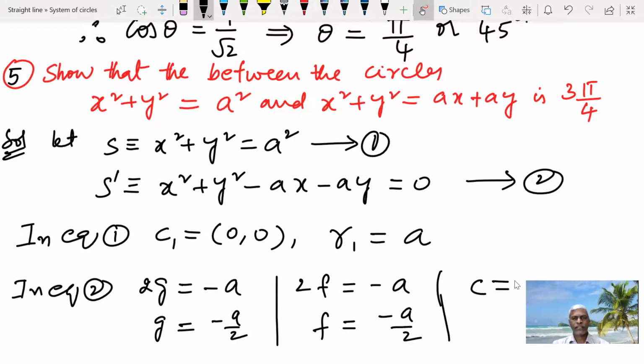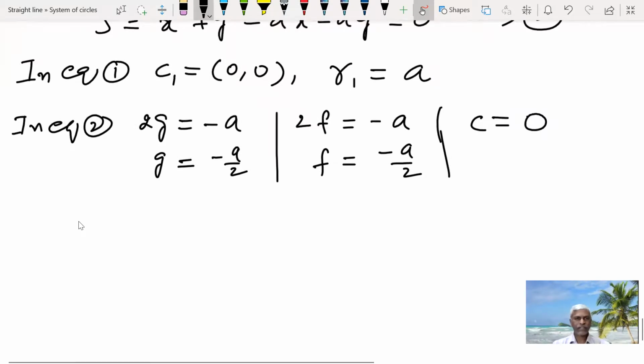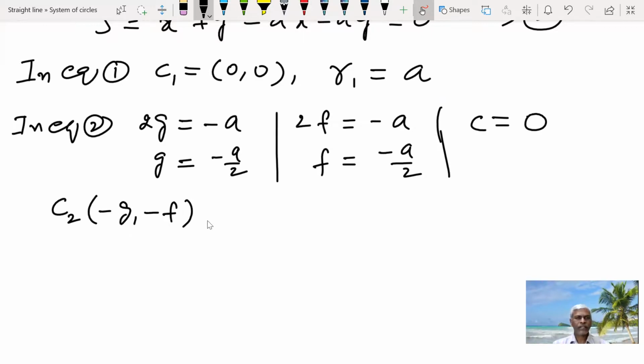And the constant term is not there, that is constant is 0. From this, the center of second circle, minus g, minus f is the formula. So minus into minus, plus a by 2, is a by 2. a by 2, a by 2 is the center.